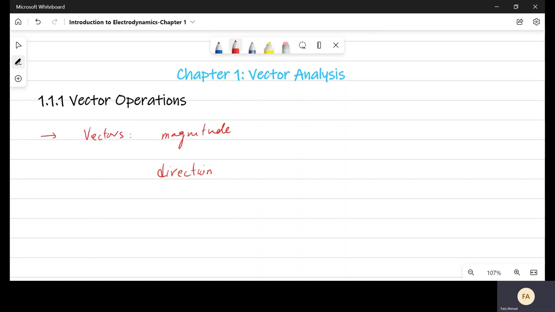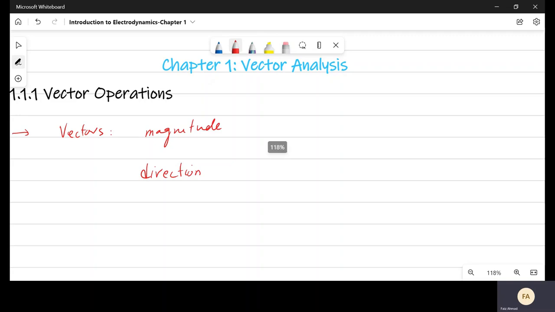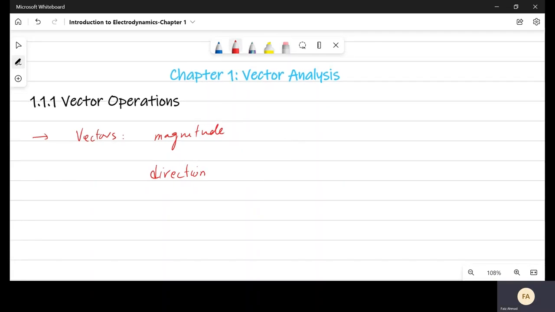In books, we represent vectors in bold letters, but here writing a bold letter is a bit difficult. So we will be representing a vector with an arrowhead on it.